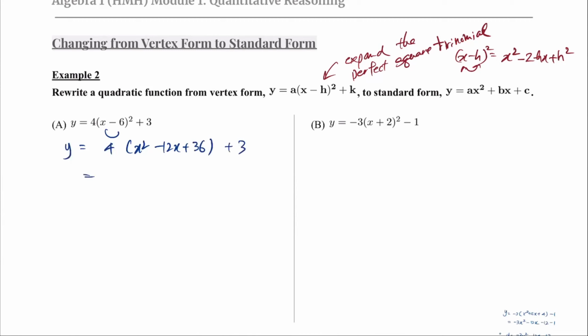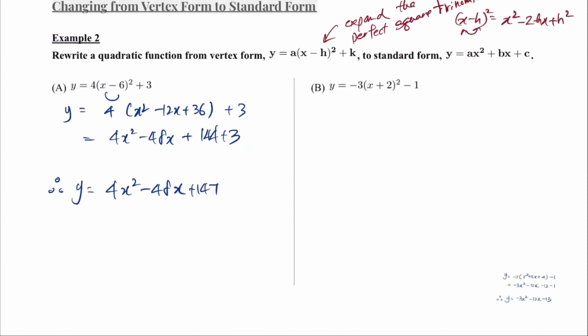And then when you distribute the 4, it's 4x squared minus 48x. Oh gosh, that's 24, 12, 144. Okay, all right. And then you could just erase that. Therefore, I could say y is 4x squared minus 48x plus 147. Okay. All right, as you could tell, I actually did it ahead of time, right here.